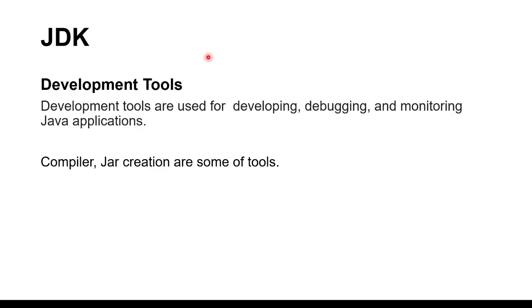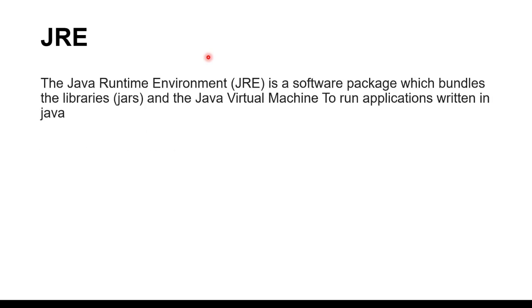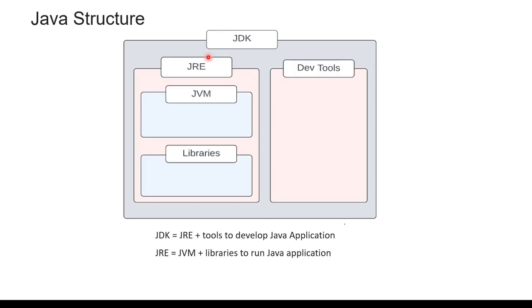On a high level, if you remember, in JDK, using development tools, we write the code or program, and using the JRE, we execute the code. In the image, with the help of dev tools in JDK, we write the code, compile it, and generate the bytecode.